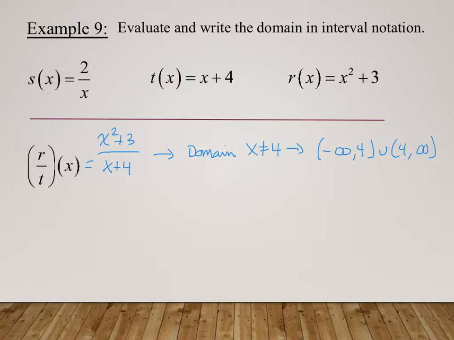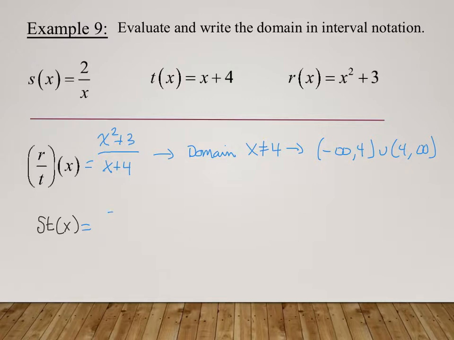Now suppose I have a new function. Suppose I'm going to try a function that has s times t. So suppose I have st of x, right? So in this case, what would that function be?